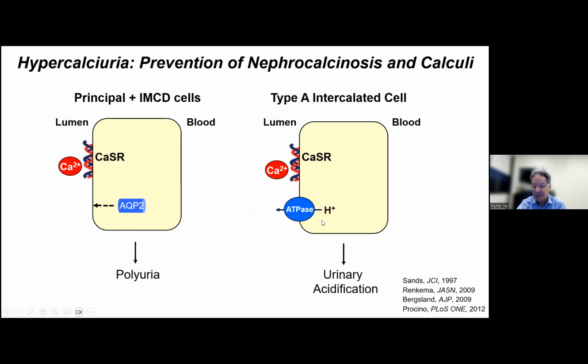But patients who have an abnormal vacuolar proton pump or AE1 mutations on the basolateral membrane cannot acidify normally. So they lose this mechanism that we all have to prevent calcium phosphate stone formation when we have hypercalciuria.